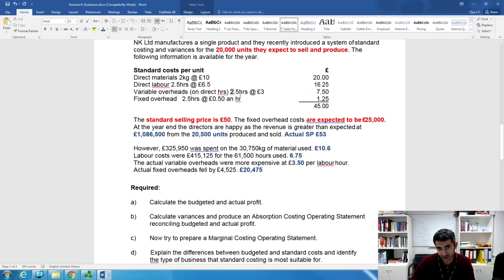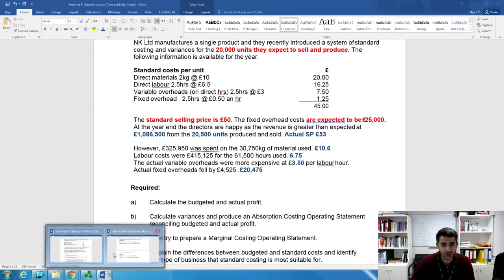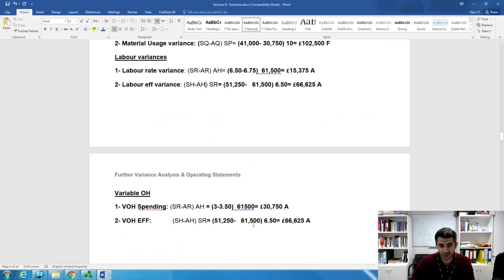Why? Because we used labor hours to absorb the variable overhead. Easy. And actual hours is the same, of course. Then you need to change this: the standard rate for variable overhead is 3.